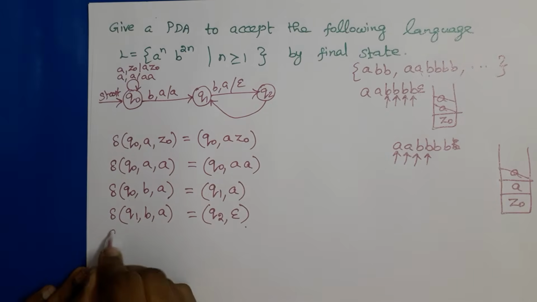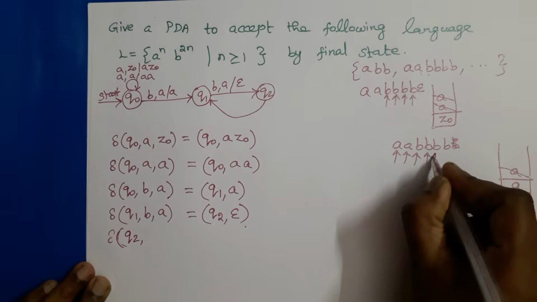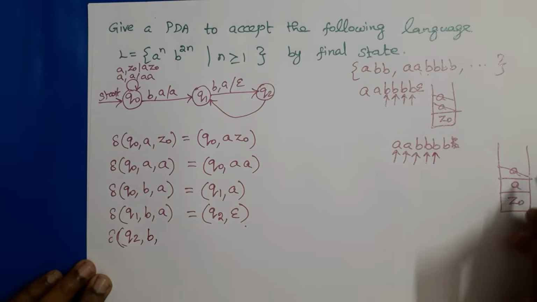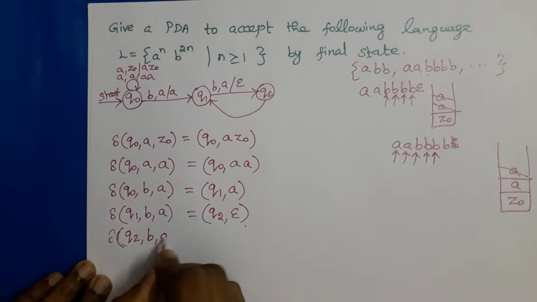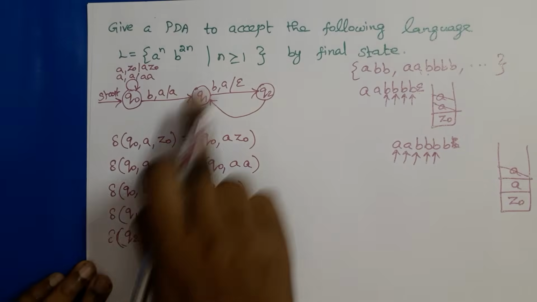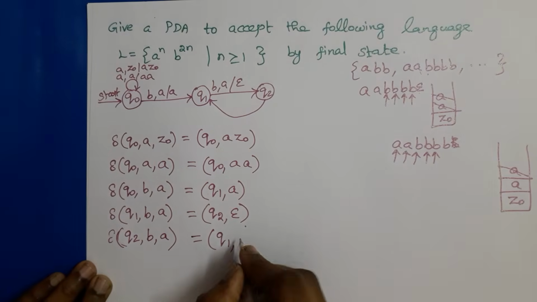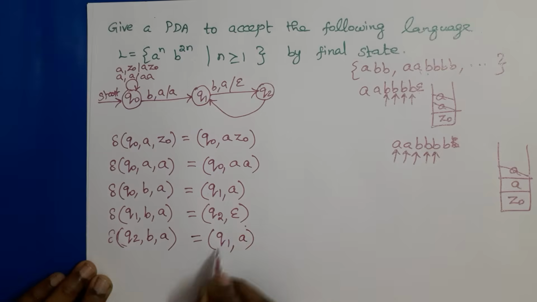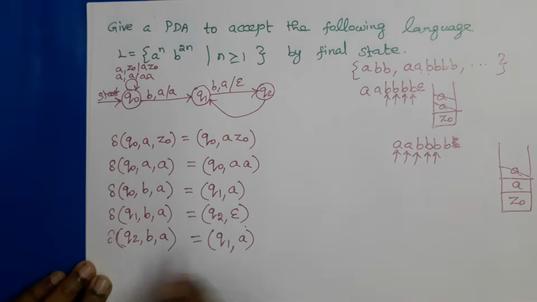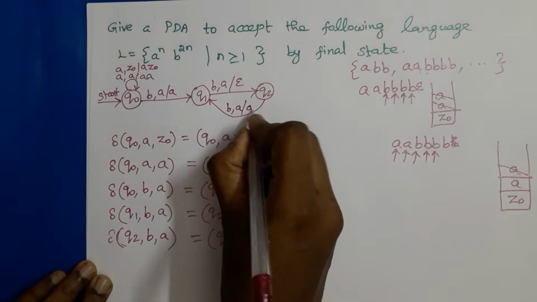Now we are in state Q2 and the next input is b, and the top of the stack is a. We have to go back to the previous state because this is repeatedly performed. So Q1, with no change operation, meaning we write a here. So Q2 to Q1, the edge is labeled by b comma a slash a.